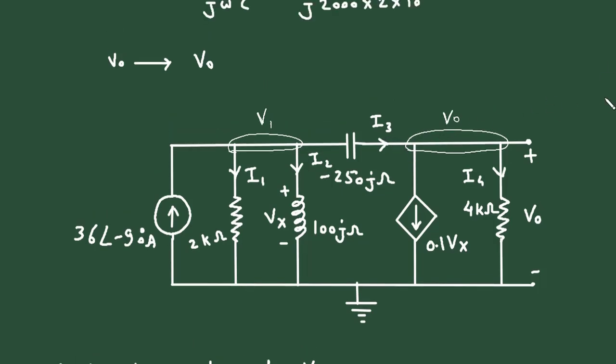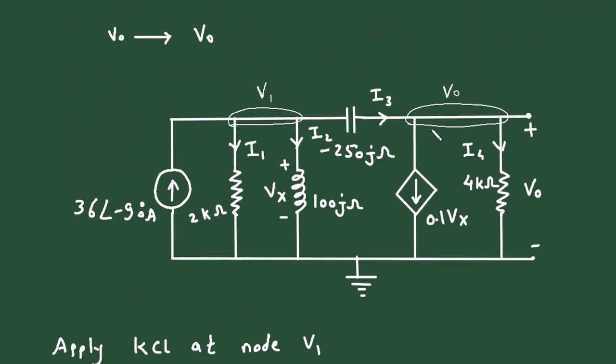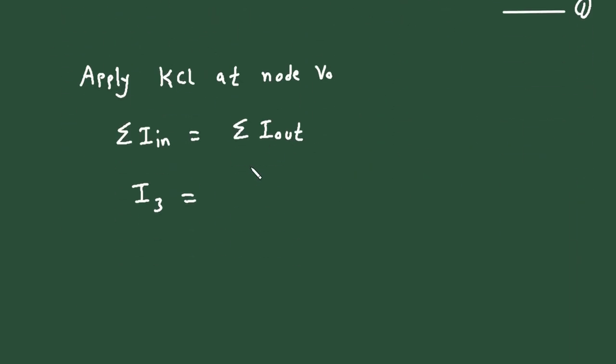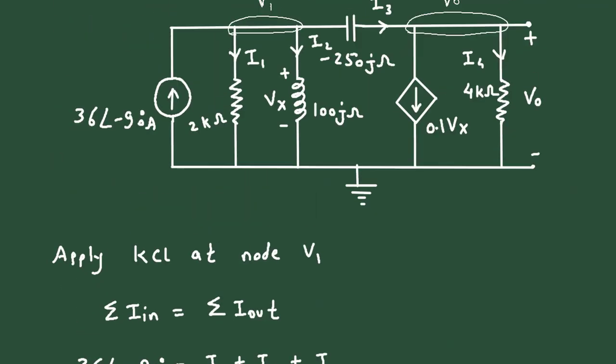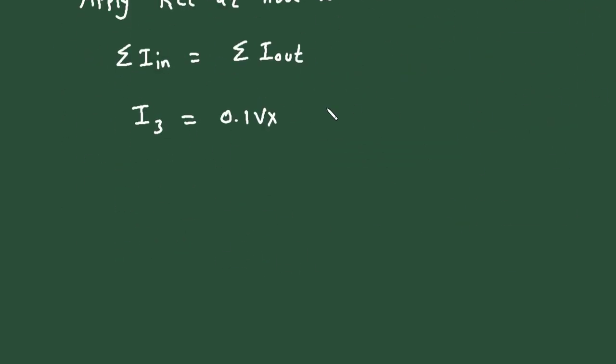Only I3 is the entering current. So I3 is equal to leaving current, here we can see leaving current is 0.1 Vx, then I4. I4 is also leaving current. So plus I4.